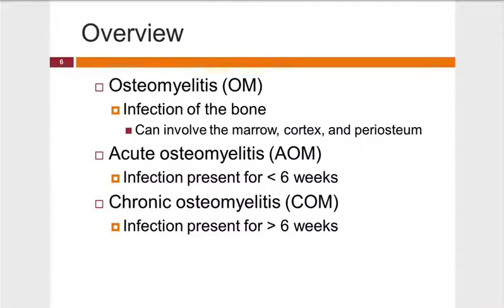Anything that's present for more than 6 weeks is going to be considered chronic osteomyelitis. And I want you to keep this in mind only because when we're talking about treatment, right? If you've had an infection for more than 6 weeks, if you're not acutely ill, chances are it's not an immediate emergency, right? So when we discuss treatment and why we use it, so in certain cases we do empiric therapy and in others don't, just keep this in mind.